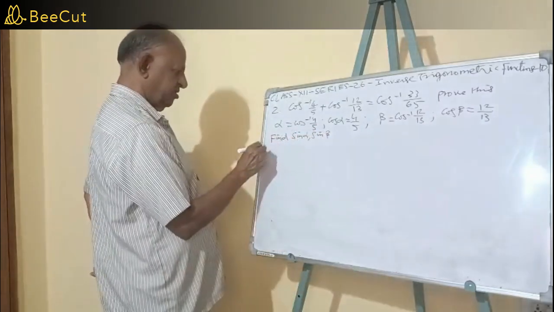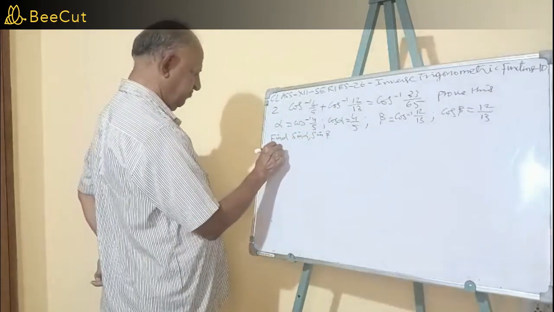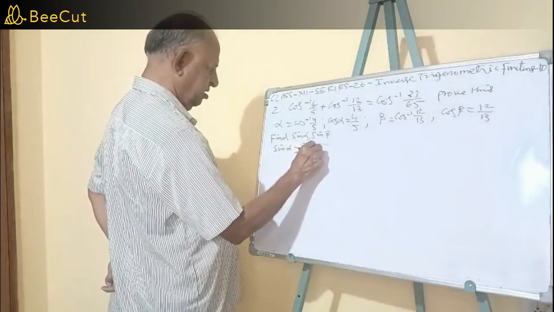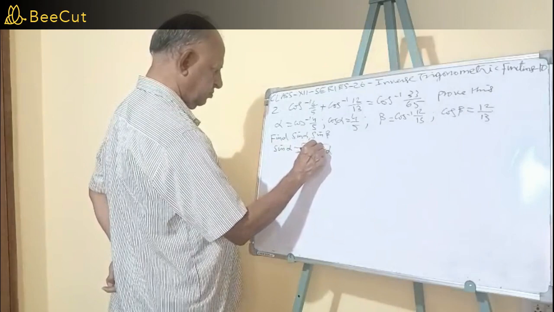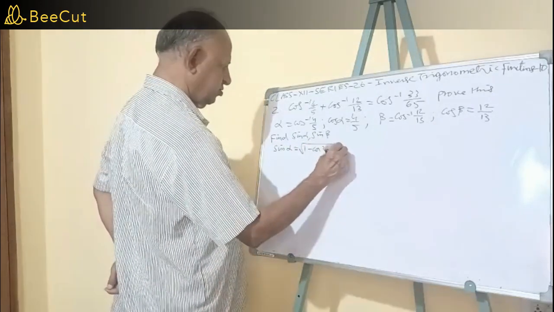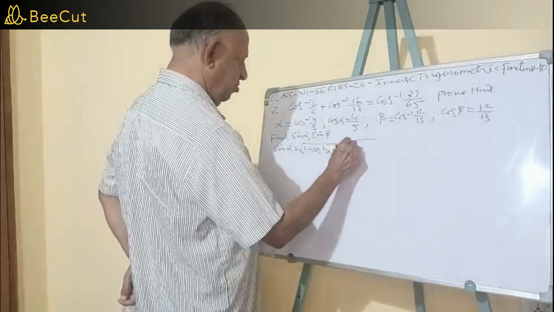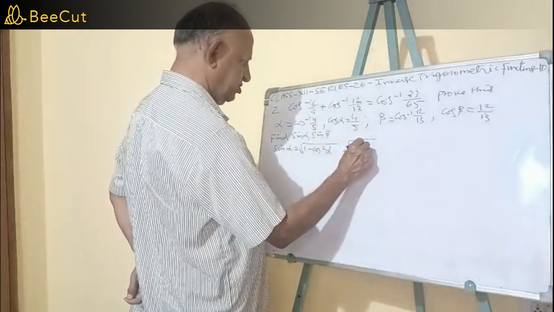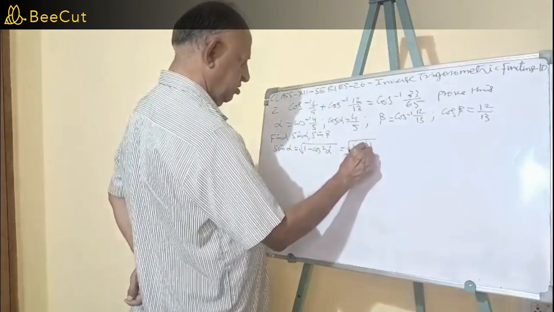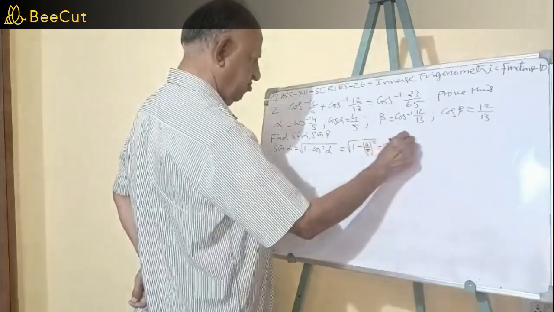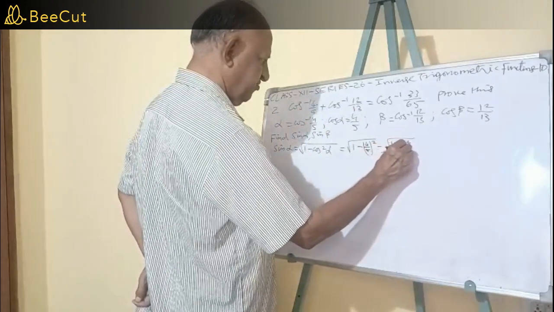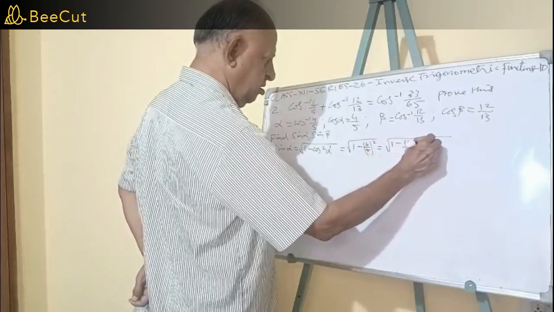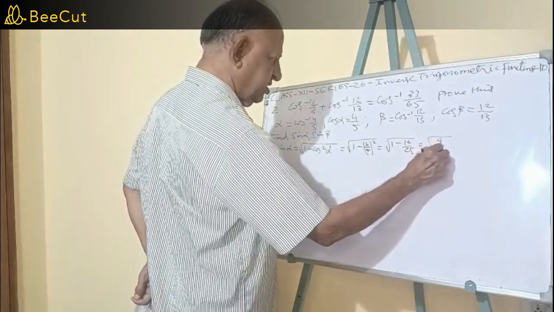Okay, so we know that sin alpha is equal to square root of 1 minus cos squared alpha, which is square root of 1 minus 4 by 5 whole square, which is square root of 1 minus 16 by 25, which is square root of 9 by 25, which is equal to 3 by 5.